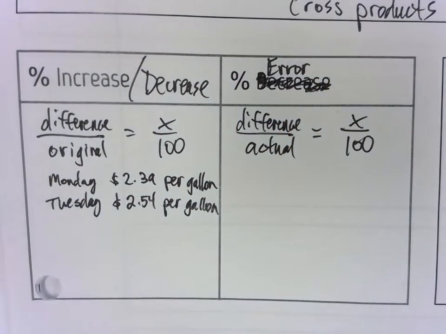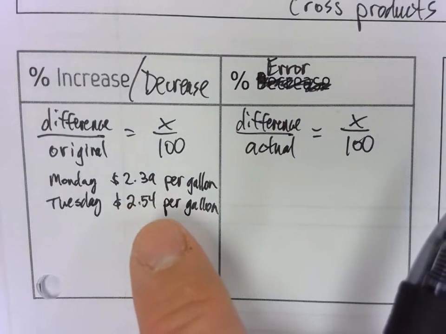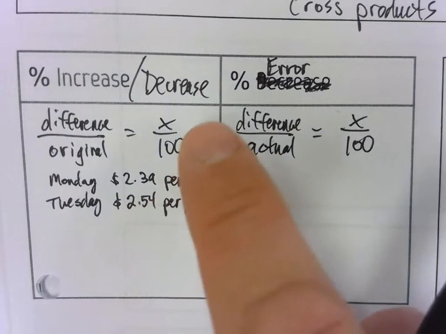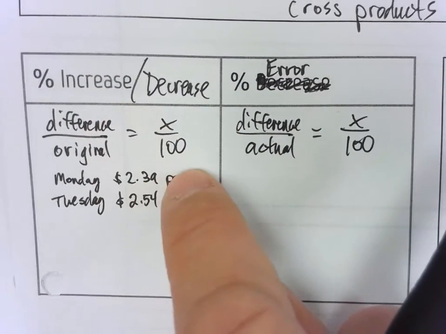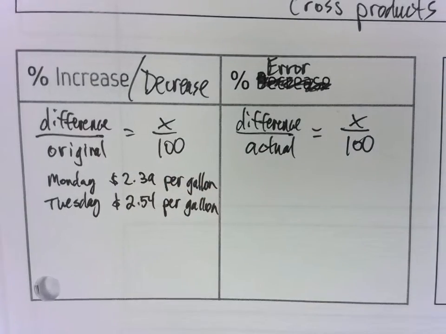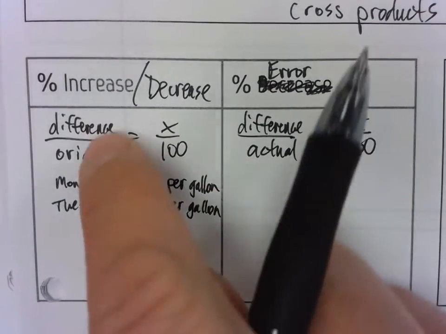So you can see from Monday to Tuesday there was an increase in the price. This is going to be a percentage of increase question, because it went up from $2.39 to $2.54.